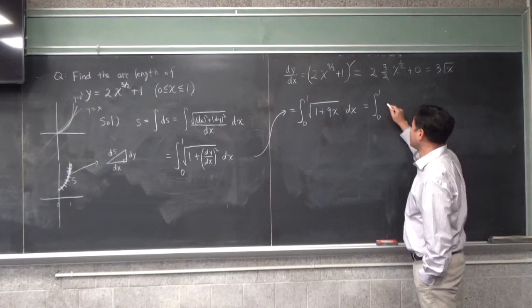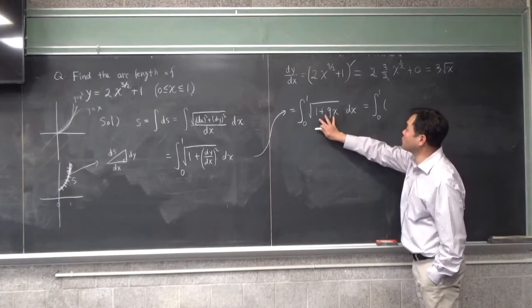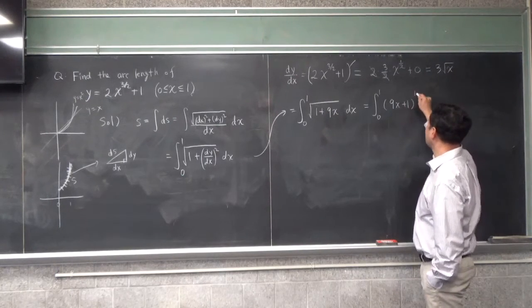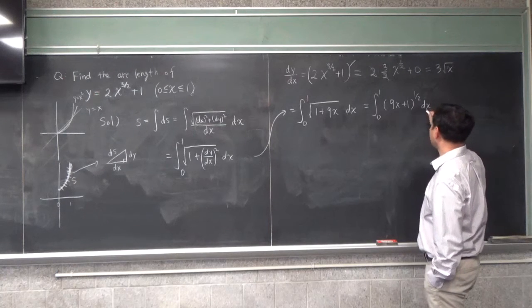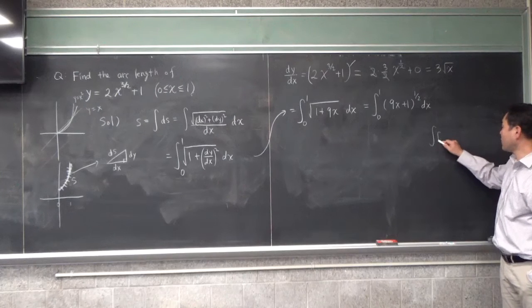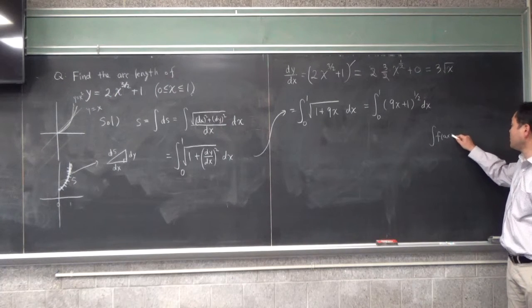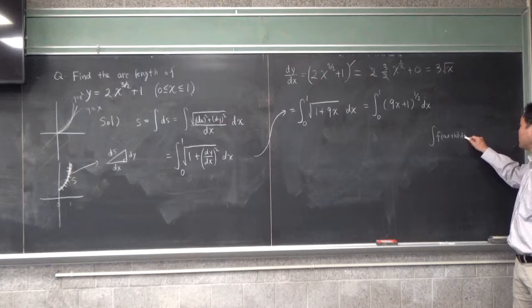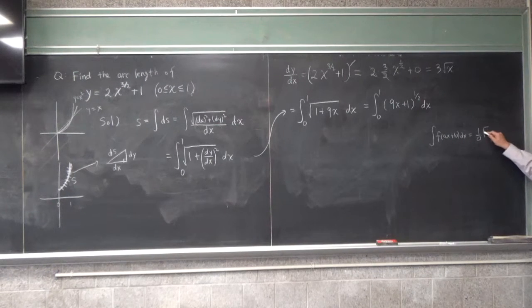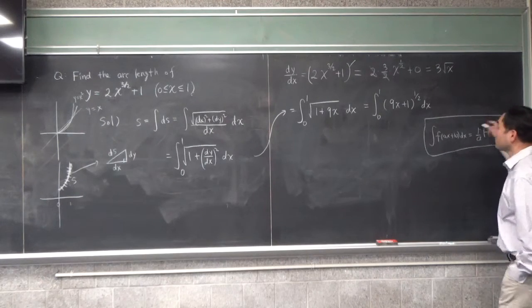Rewrite the square root as 1/2 power, and I'm going to switch places here, so it's 9x plus 1 to the 1/2 power dx. And I'm going to use the fact that the integral of f of ax plus b dx introduces the reciprocal of a, 1 over a, and then you integrate as if ax plus b was just a simple x. So we're using this shortcut over here.